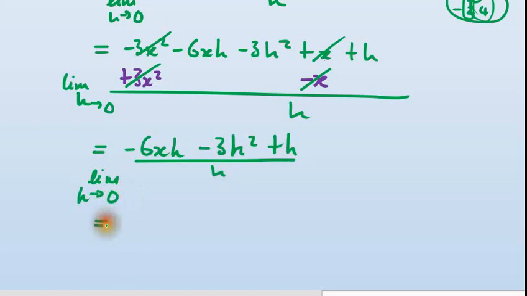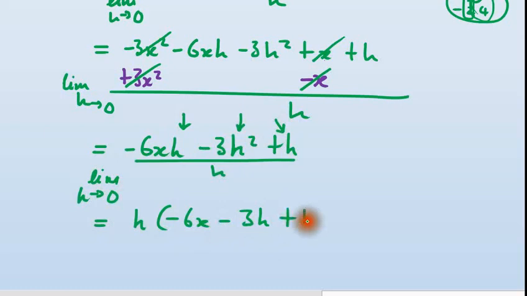And that will be equal to, factorize. Look, h is common, and that means h can come outside, and you have negative 6x minus 3h plus 1 divided by h, limit h goes to 0.